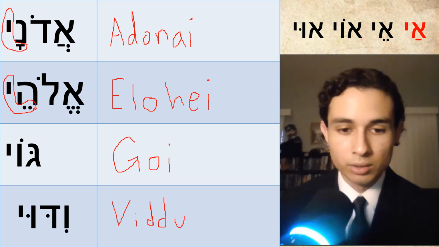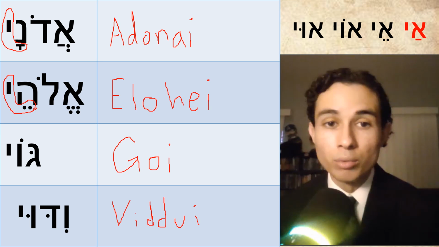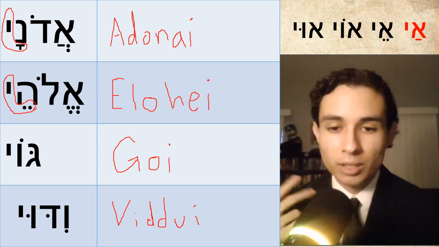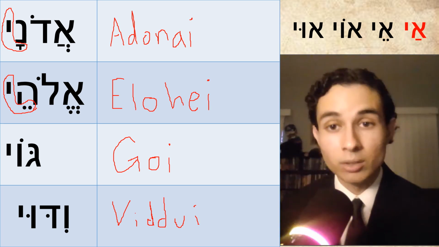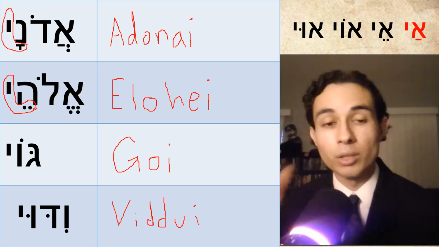Then this is the shuruk, and finally a yod. Again, notice how it's not vidui with a break, but rather both vowels are combined and pronounced together, vidui. Here too, I've seen some people use the letter Y.